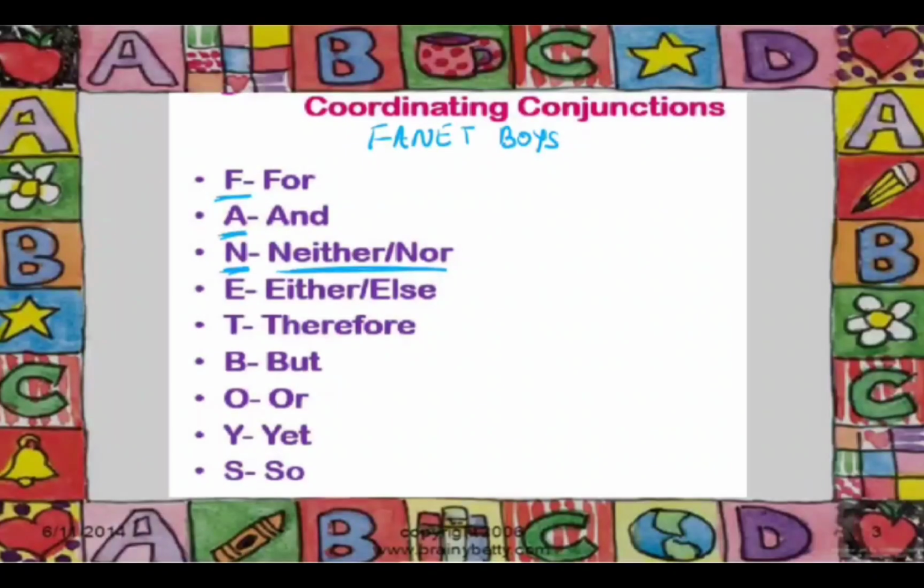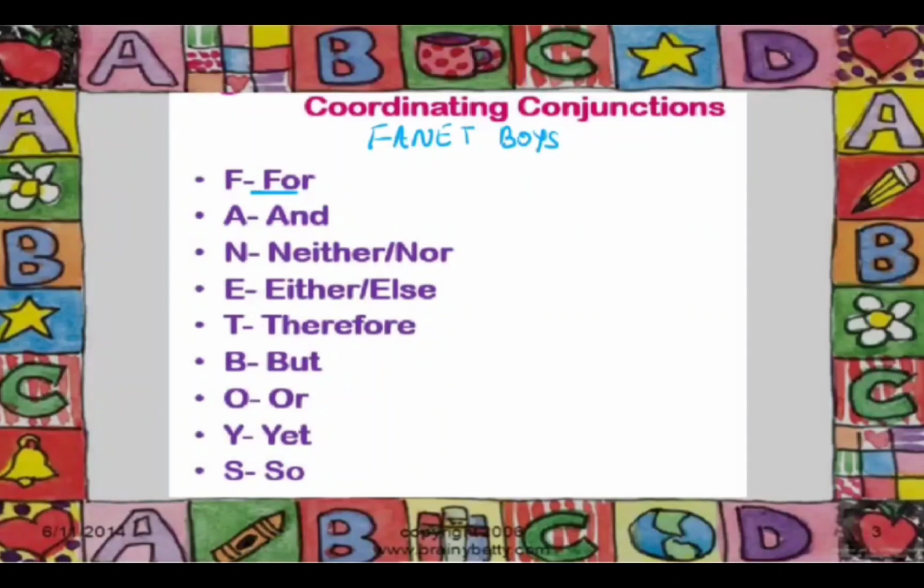E, either and else, T, therefore, B, but, or, yet, so. Okay, this is your list of coordinating conjunctions. If you see these in a sentence, then it is a compound sentence.